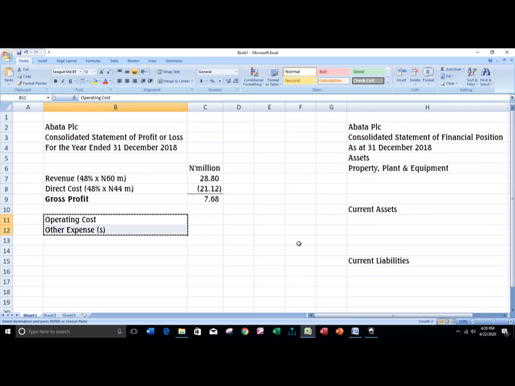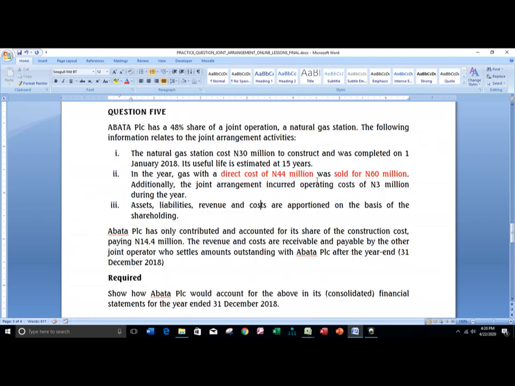Now the other operating cost. You agree with me that there are other operating costs in the question. Operating cost of how much? 3 million. In line with IFRS 11, Abata will take his own 48% of that 3 million.